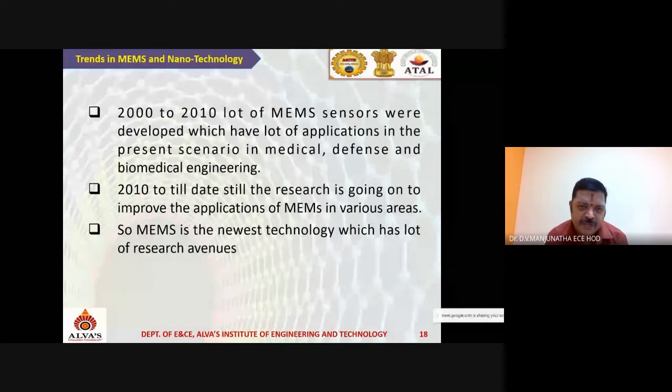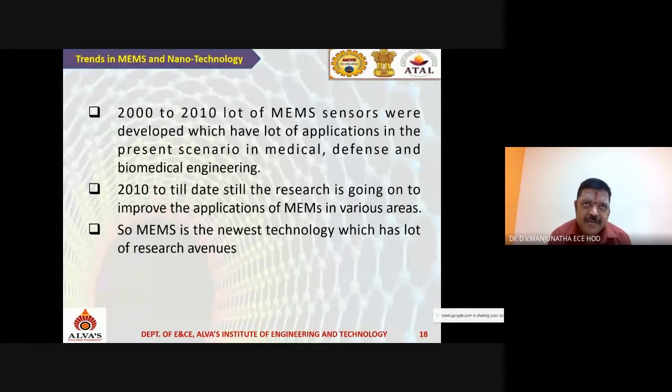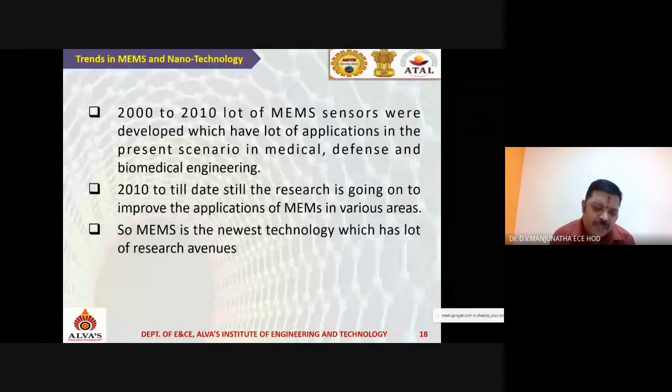By around 2026, MEMS and IoT will grab perhaps 50 to 60% of the market business, around $400 billion in the whole world. So this is the new, trending area. I just highlighted all these points.